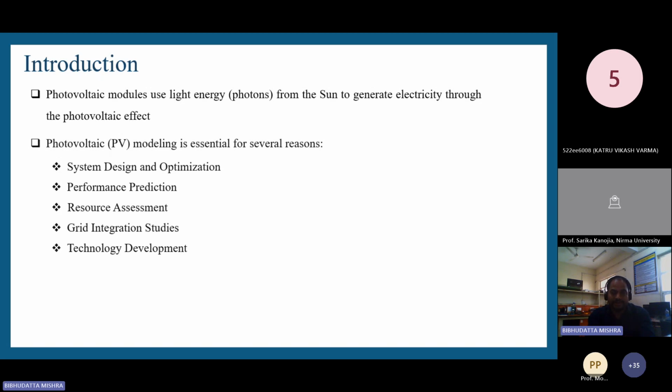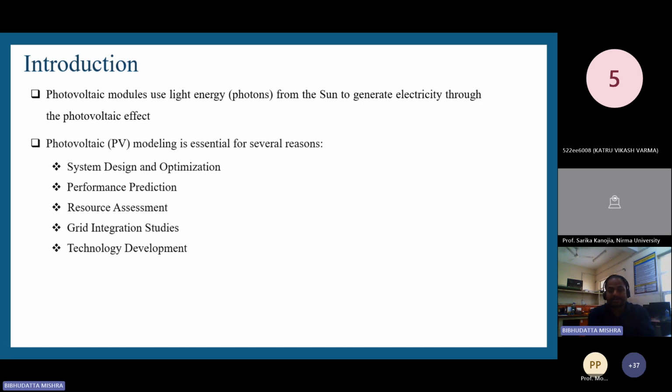While modeling a PV panel, we should consider the different potential or economic aspects of the PV panel. And regarding the resource assessment, PV modeling is crucial for a particular location, analyzing its historical weather data and considering factors like sun angle, shading, atmospheric condition. All these aspects have to be taken into consideration while modeling the PV panel.